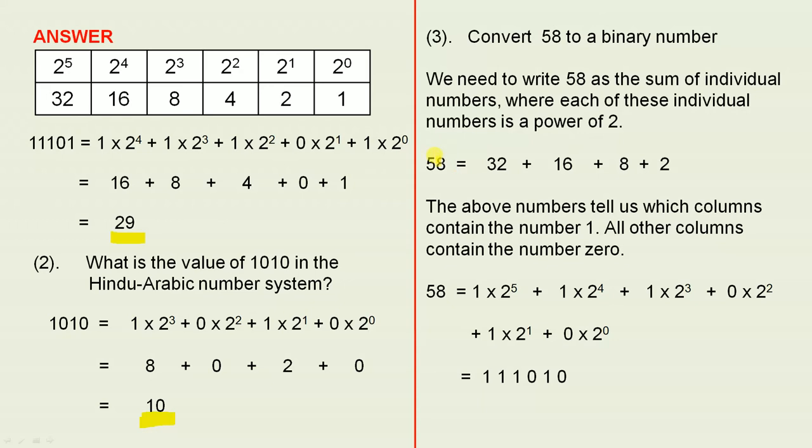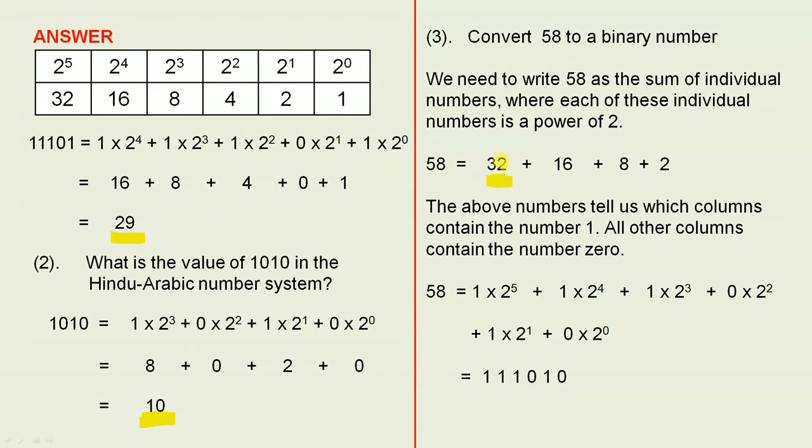So, because we have 58, we certainly can put 32 down as one of the numbers. Now, can we put 16 down? Let's check. 32 plus 16. Yes, we can, because that doesn't equal 58 yet. So we can also add 16. We can also add 8.